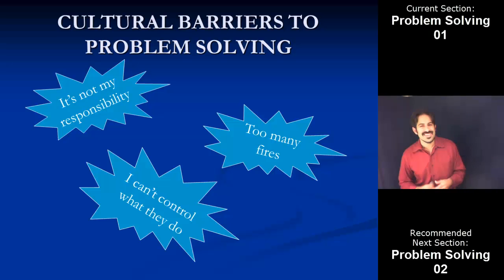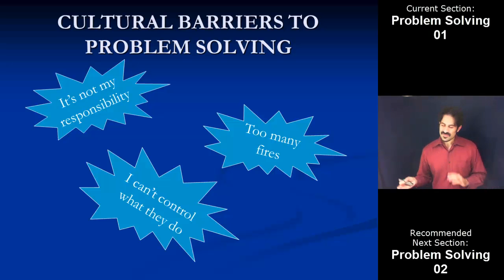And then the last one is my favorite, the too many fires. If we go back to this idea of one by one problem solving, break it down, find something manageable, solve it one at a time, what we actually see in the real world is you never run out of fires, but eventually it becomes a 1-alarm blaze instead of a 5-alarm blaze.